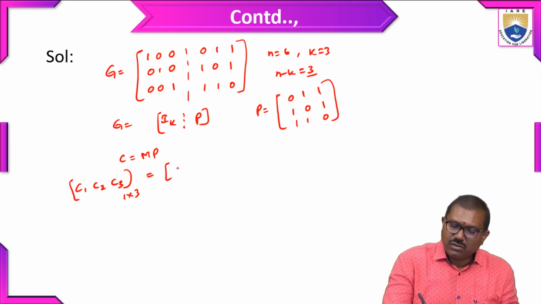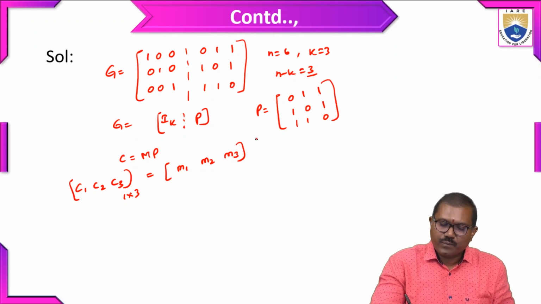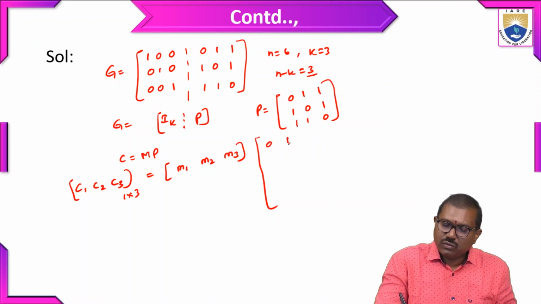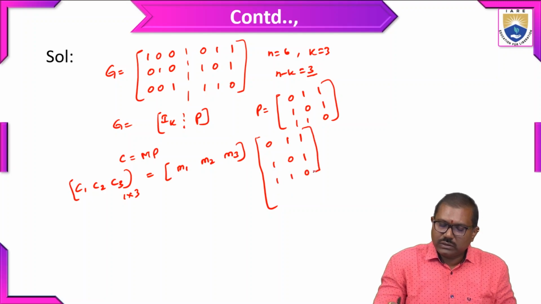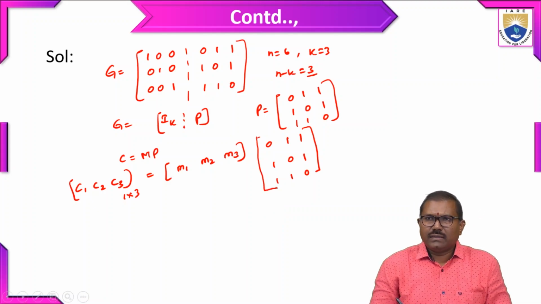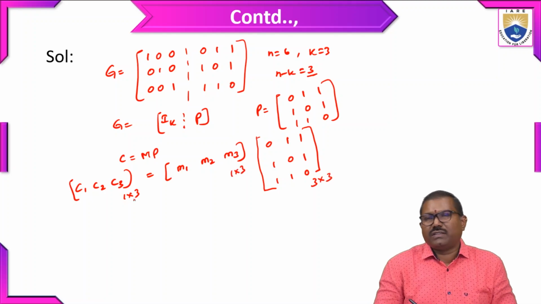My message is also M1, M2, M3, 3 message bits, multiplied with this 0 1 1, 1 0 1, 1 1 0. This is 3 by 3 and the message is 1 by 3, so the result is 1 by 3.